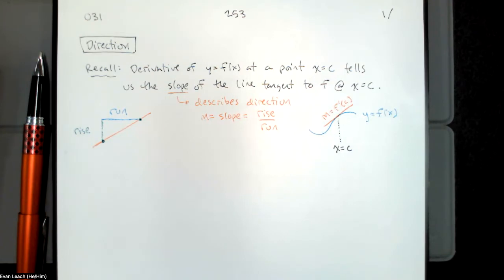Because we only have two, we decided let's make a ratio out of them. That will tell us how much the function goes up when x increases by 1. That'll tell us how much y changes when x increases by 1. This will be convenient. It takes those two directions. Since that ratio is always the same, it's a way of describing two numbers with one number. It's nice and efficient.